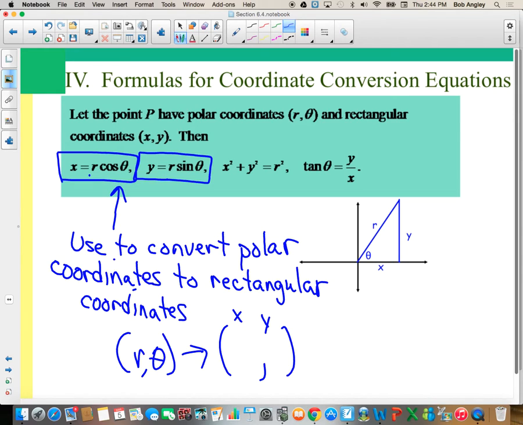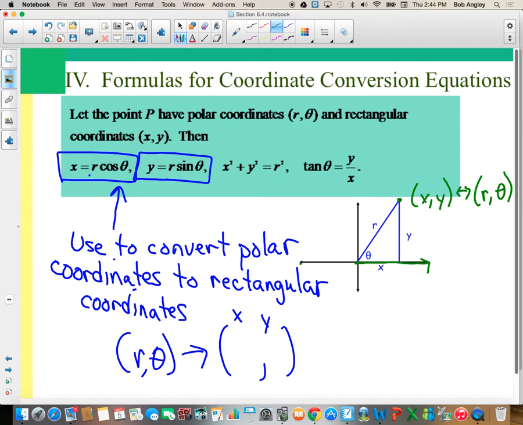All right, now consider this for a second. If I have just an x and a y axis, and then I draw the polar axis right there, then if I pick a point up here, this point would have rectangular coordinates x, y, but it would also have polar coordinates r theta.